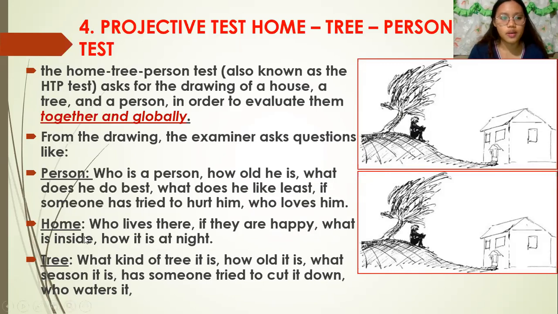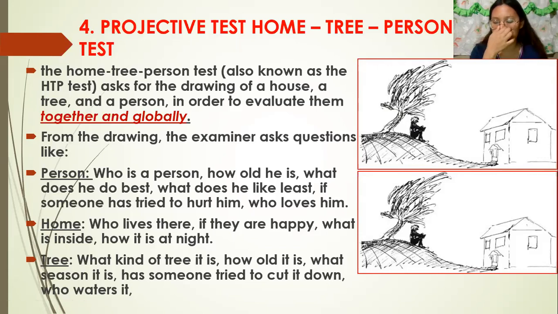So in regards to home, the person may be asked about who lives there, are they happy inside that house, how is it during the day, how is it there during the night, and lastly is the tree. So what kind of tree is it, how old is it, what season, and has someone tried to cut it down, is it strong, or who waters it, who takes care of the tree.